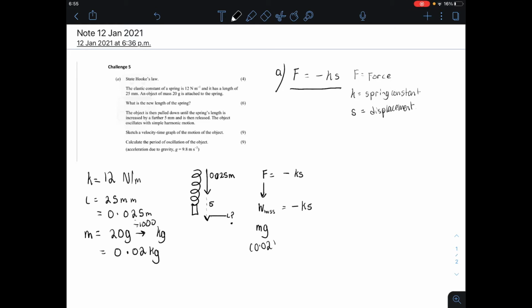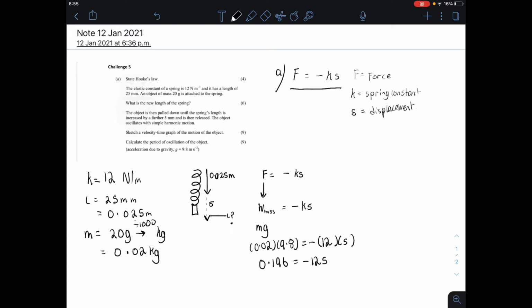This gives us 0.02 times 9.8 is equal to minus 12 times S, or displacement. From here we just need to solve for S. Let's multiply out what we have. 0.02 times 9.8 gives me 0.196.